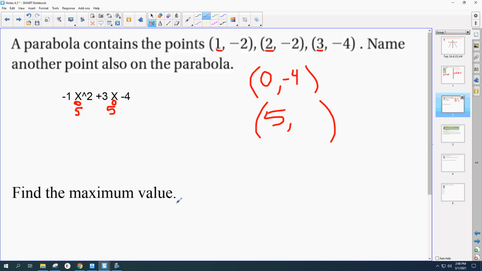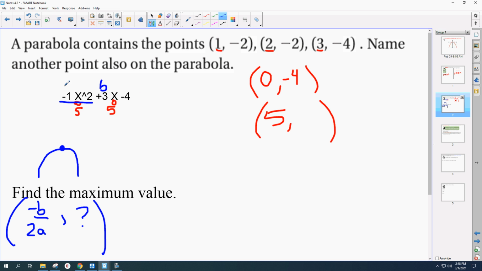Find the maximum value. Well, think about what this looks like. It's a -x squared, so we know it looks like this. When they talk about the maximum value, they're talking about the vertex. And so if we're talking about the vertex, that's where we have to do -b over 2a. You plug that in and see what you get. So -b over 2a, here's your b number, and here's your a number.